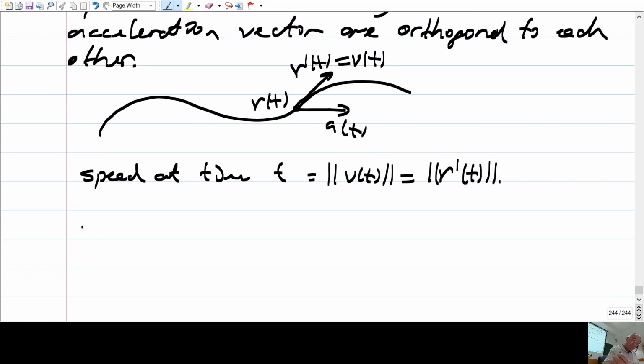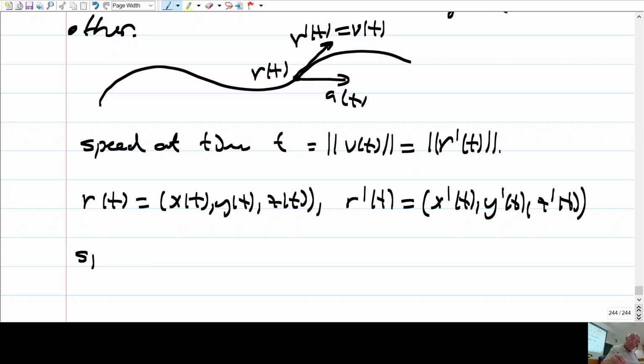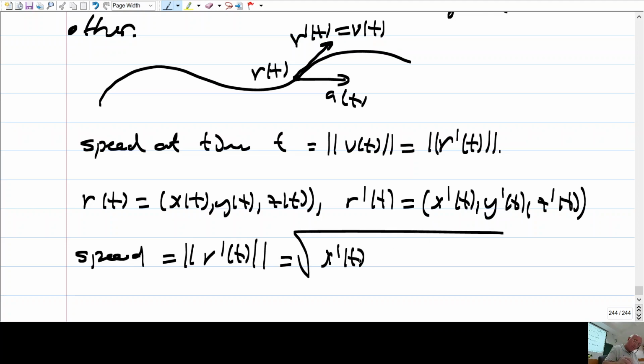Well, r prime is what? If r(t) is, let's say, (x(t), y(t), z(t)), then r prime, the velocity vector, this is the position vector, the velocity vector is this. What is the speed? Speed is the norm of this. So it is just the square root of x prime squared plus y prime squared plus z prime squared.